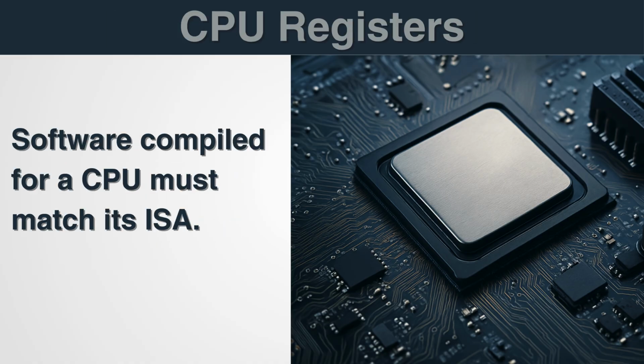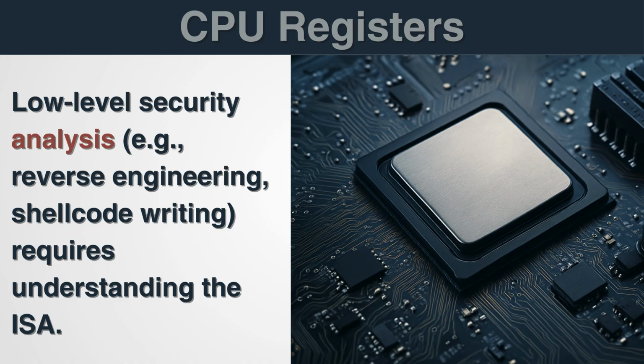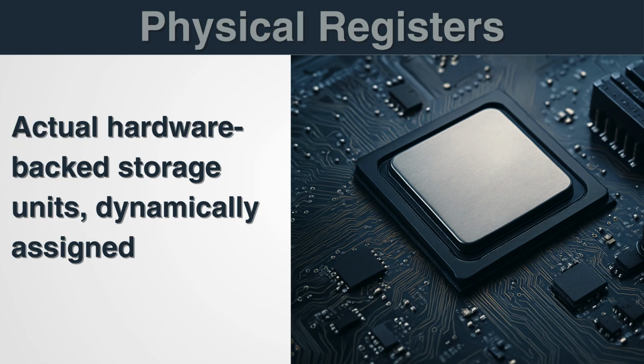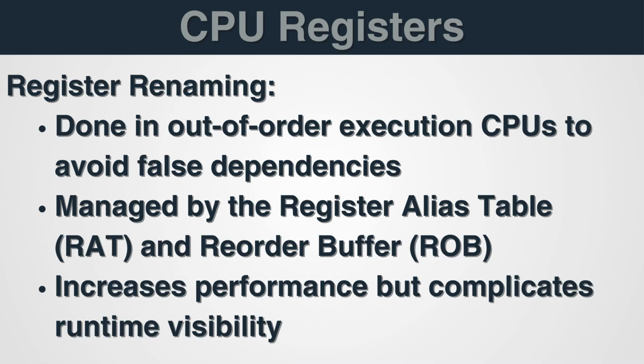Software compiled for a CPU must match its ISA, and low-level security analysis, reverse engineering, and shellcode writing require understanding the ISA. And then the physical registers are the actual hardware-backed storage units that are dynamically assigned. There's register renaming, which is done in out-of-order execution CPUs to avoid false dependencies, managed by the register alias table, RAT, and reorder buffer, ROB, and increases performance but complicates runtime visibility.